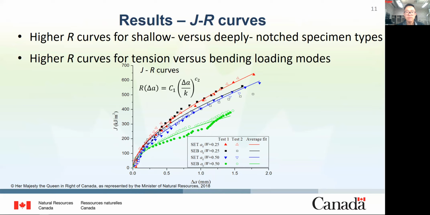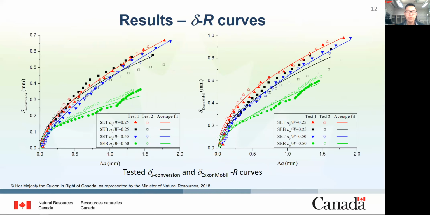Note that the average curve was fitted and also shown in this figure. From the CDODR curves, the CDOD obtained from the J conversion method is consistently lower than the CDOD obtained from the double clip gauge X mobile method, which is consistent with previous CDOD studies.